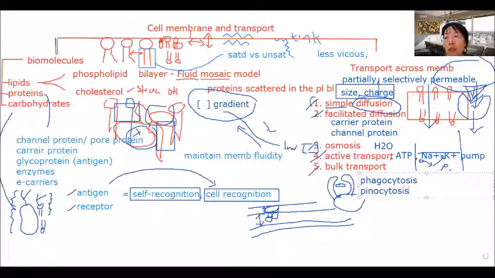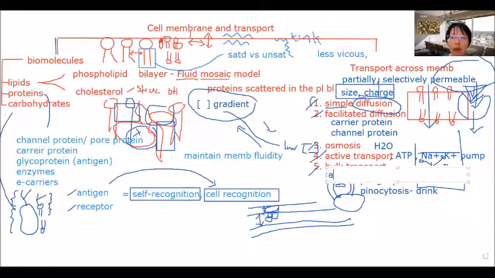Phagocytosis is a cell eating process, and pinocytosis is a cell drinking process. This taking in is called endocytosis. So bulk transport is A, endocytosis. Then of course you've got B, exocytosis.